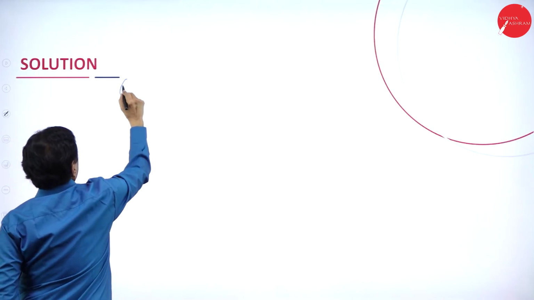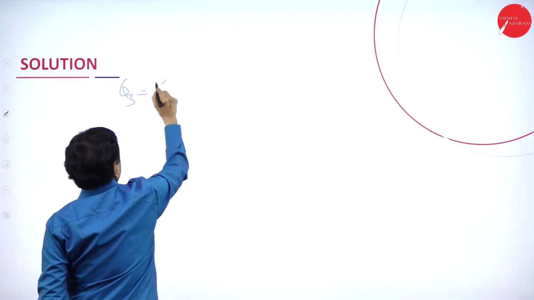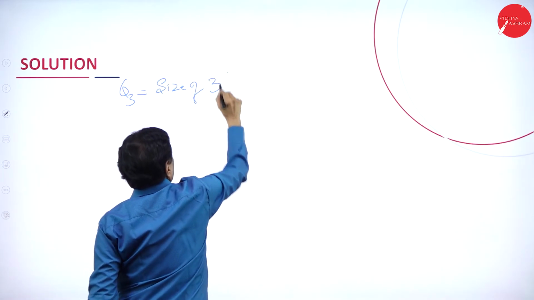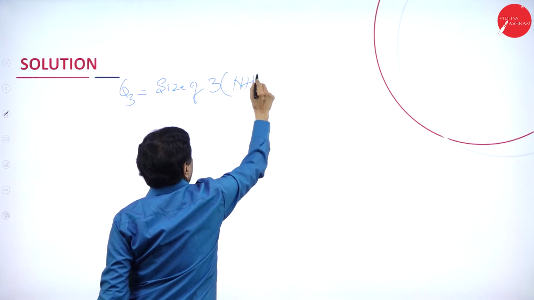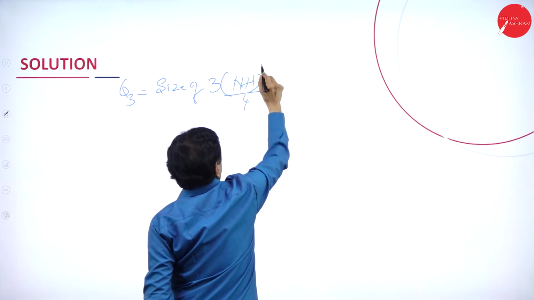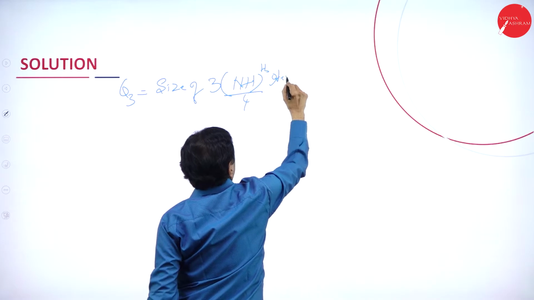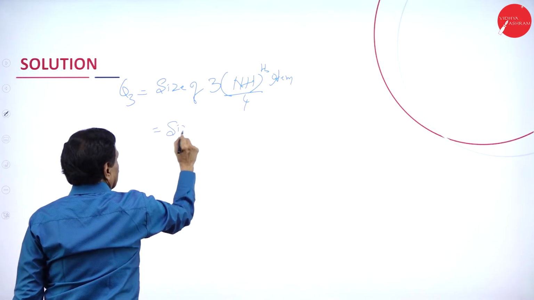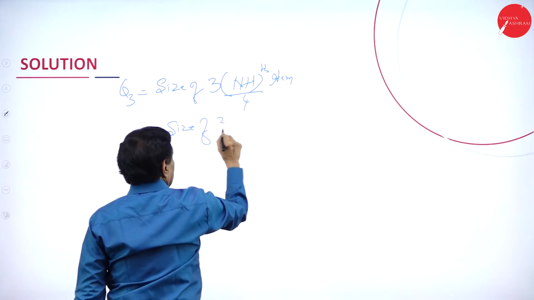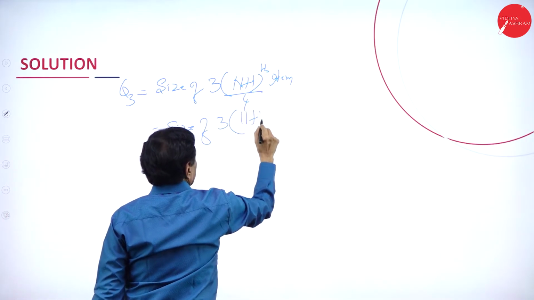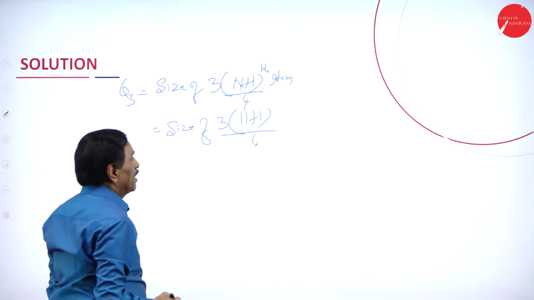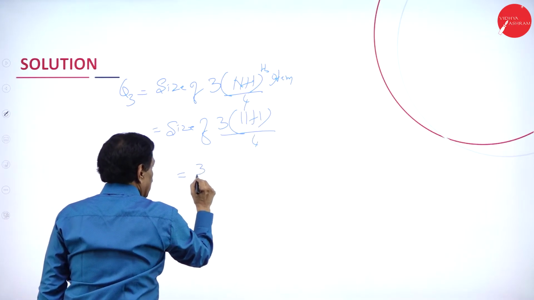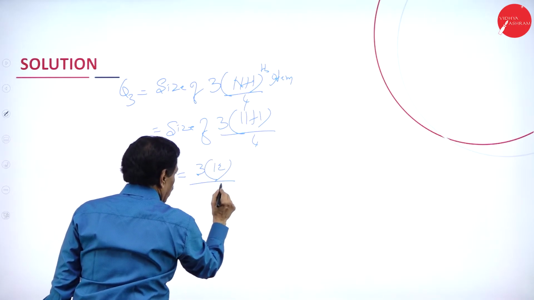Then you go to Q3. Your Q3 is equal to the size of 3 times (n plus 1) divided by 4th item. That is 3 times (11 plus 1) divided by 4, which is 3 into 12 divided by 4.